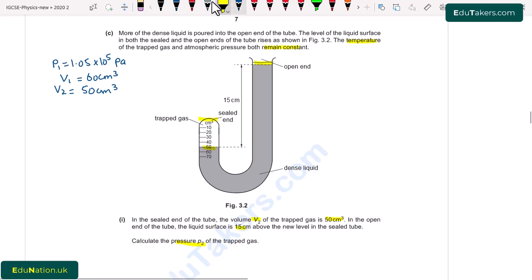We also know that the temperature remains the same, and the process in which temperature remains the same is actually Boyle's law.